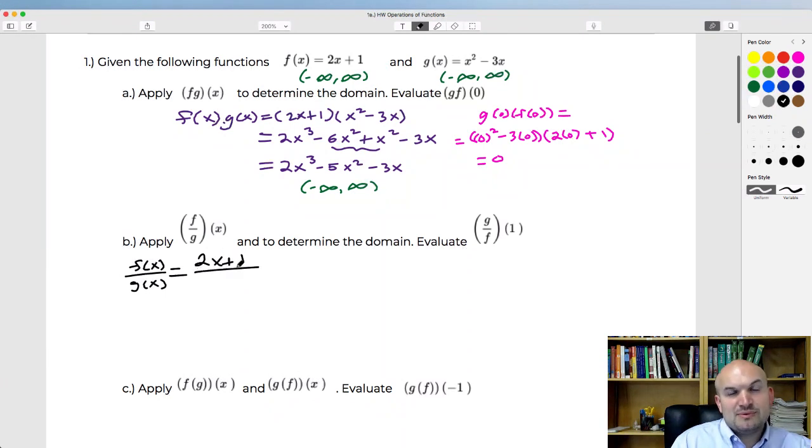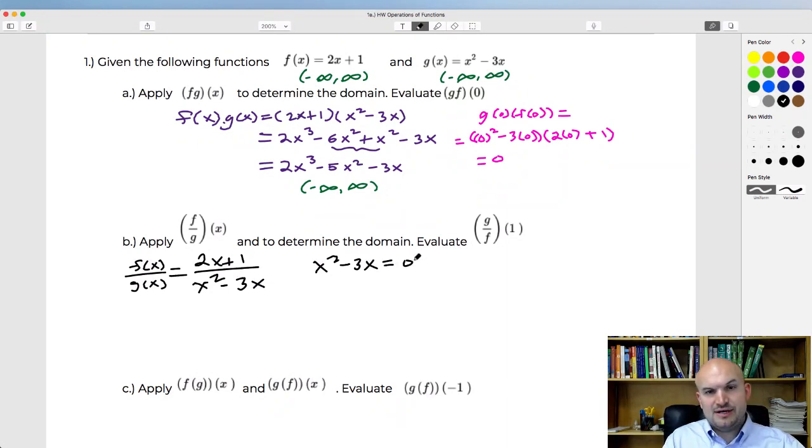And if you remember when we talked about the restrictions of the domain in the denominator, we know that it can't equal 0. So even though the function is all real numbers, we now have to check and say, uh-oh, well, x squared minus 3x cannot equal 0. So let's find the values that make it equal to 0.